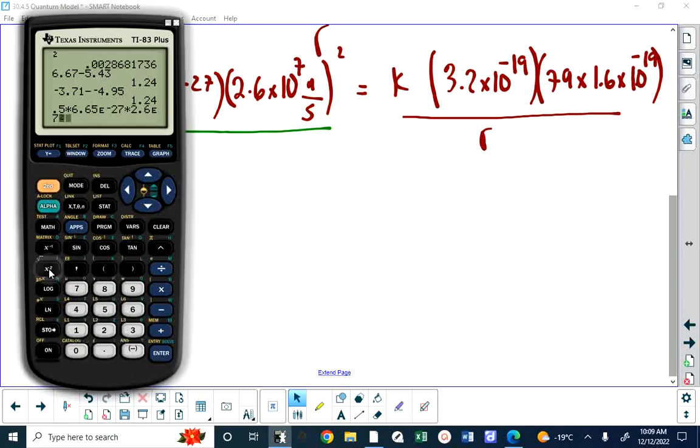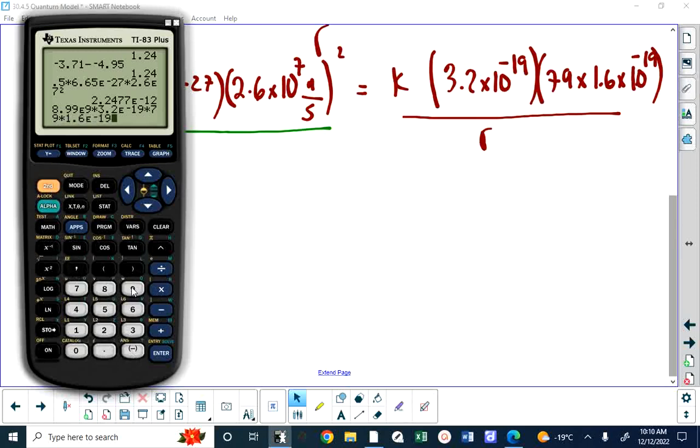Okay. Squared. This is the kinetic energy in joules that the alpha particle has before it starts to transform its kinetic energy into potential, which means this is the potential energy, which is KQQ over R. So I have to take K multiplied by the charge of an alpha particle multiplied by the charge of a gold nucleus.